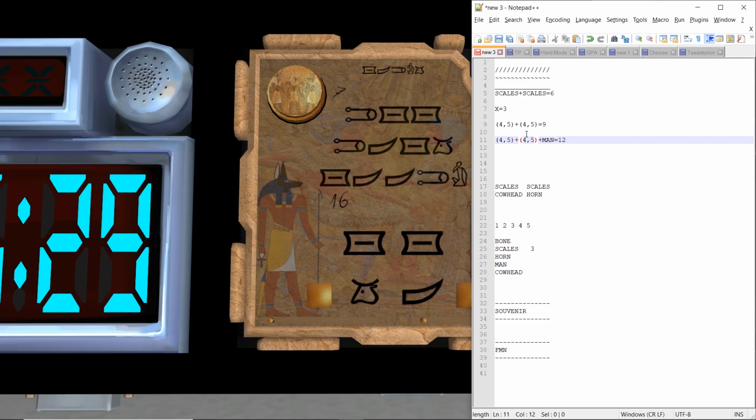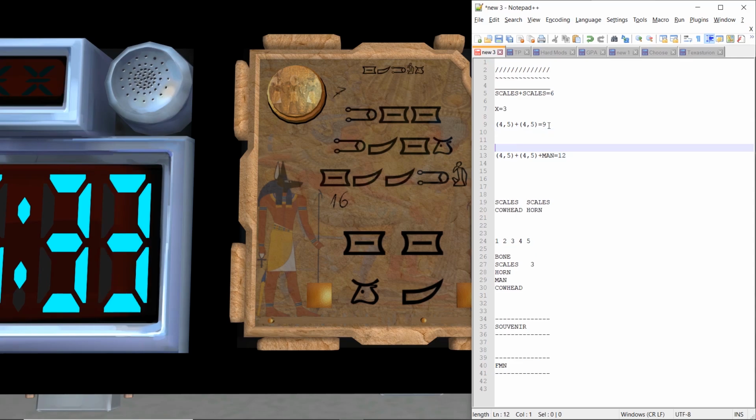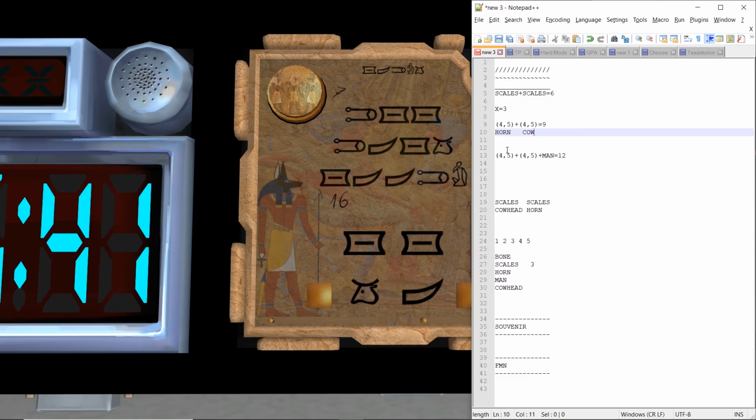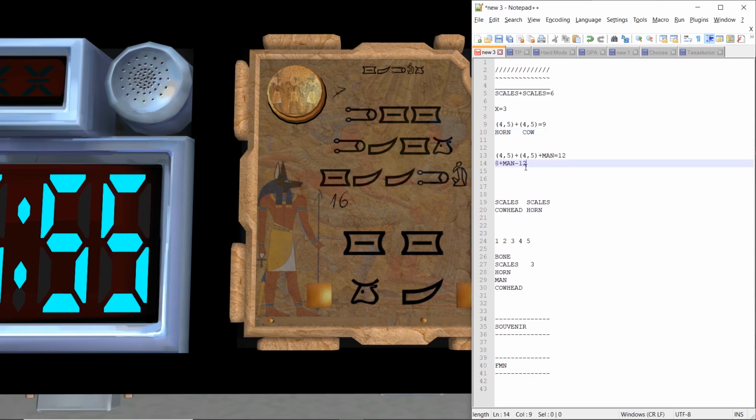So, we need to take the hypothetical situation of each value. Let's see. So I'll just put horn and cow. So let's say we have horn equals 4. So if horn were to equal 4, and these two being horn, then we have 8 plus man equals 12.